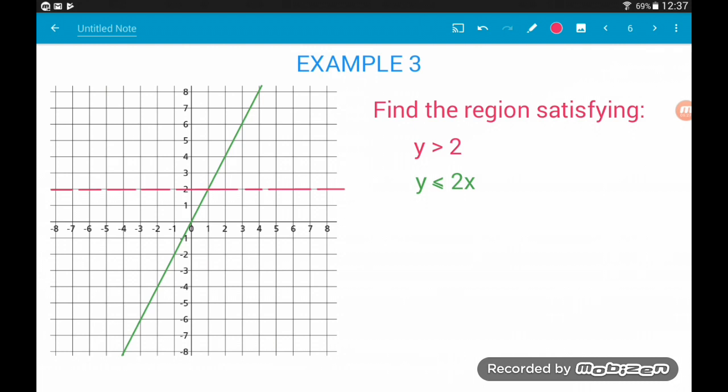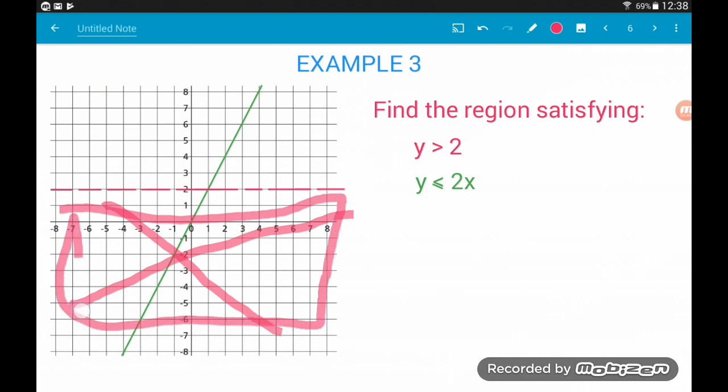I've plotted y equals 2 here, and it's a dashed line because it's a strict inequality. So we want the region above that line. That means we can rule out everything down here. Everything under this line we do not want. So that's ruled that out.